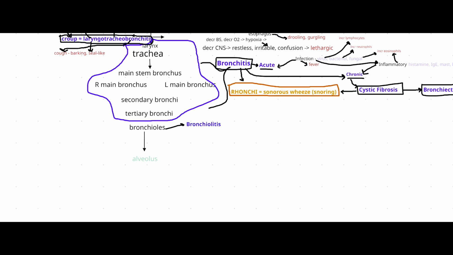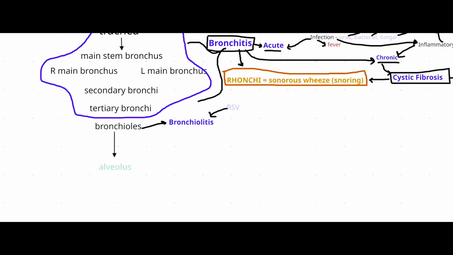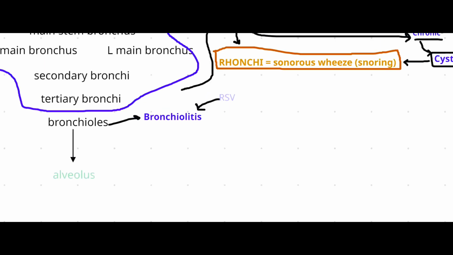In pediatrics, what is a common cause of bronchiolitis? There you go. You say RSV. Classically speaking, RSV in children causes bronchiolitis.